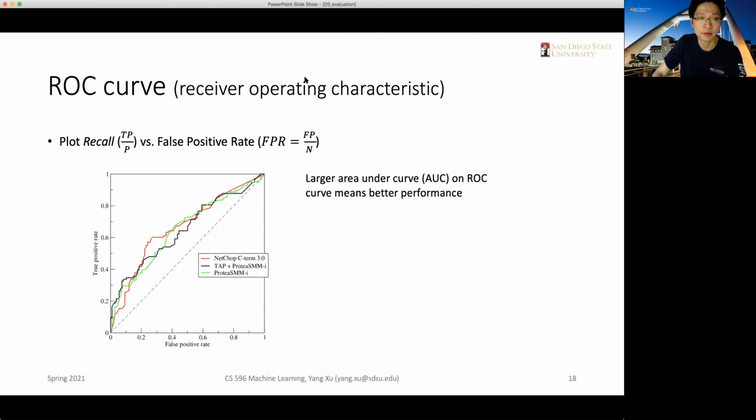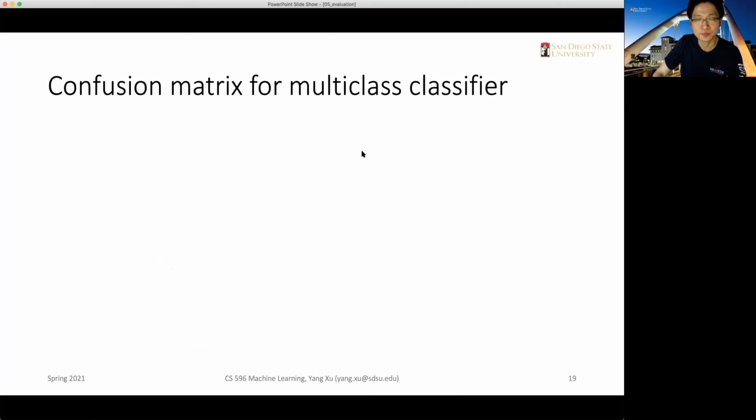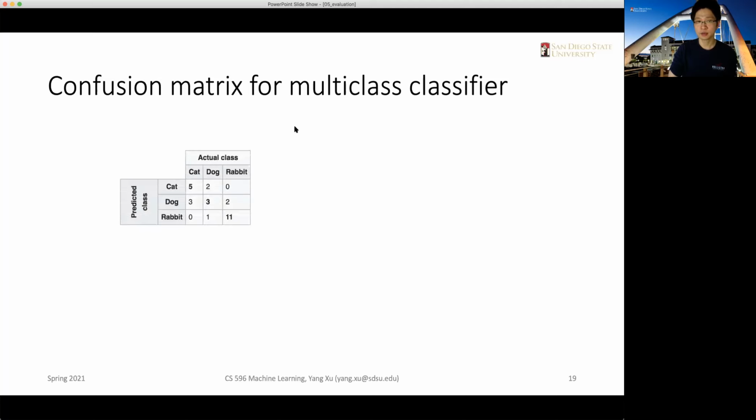All right, that's the ROC curve, and we have just gone through the example for a binary classification case. So in a lot of the actual models, we have multiple classes, right? We have, for example, 3 classes: cat, dog, rabbit, 3 animals, right?